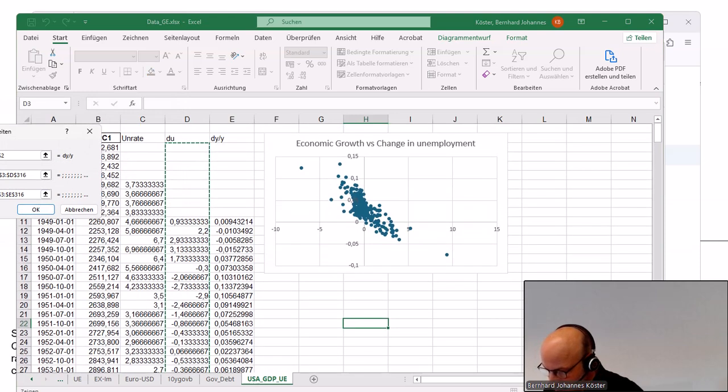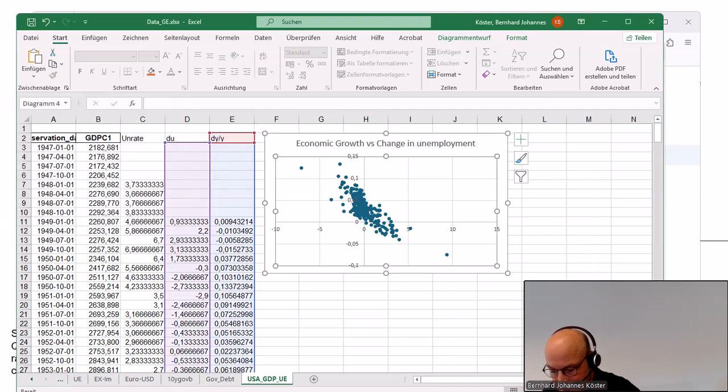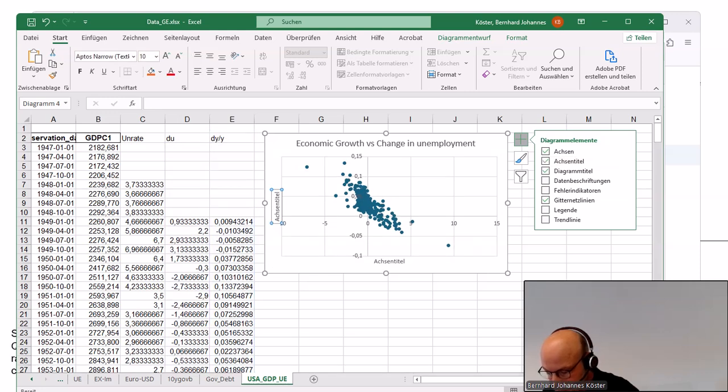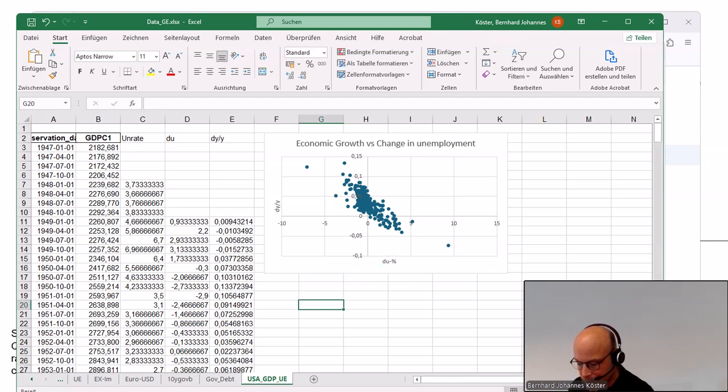So the horizontal axis is the change in unemployment, and the vertical axis is the change in GDP. So this is then dy over y, and this is the change in unemployment. And the unemployment is in percent, since I haven't divided it by 100.